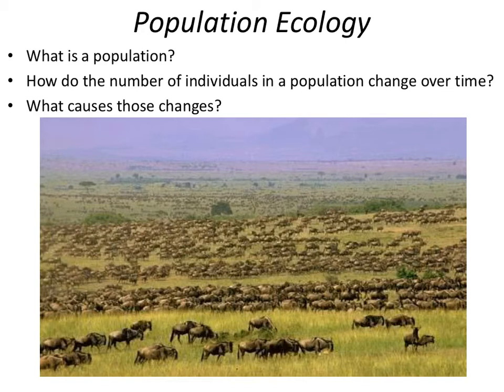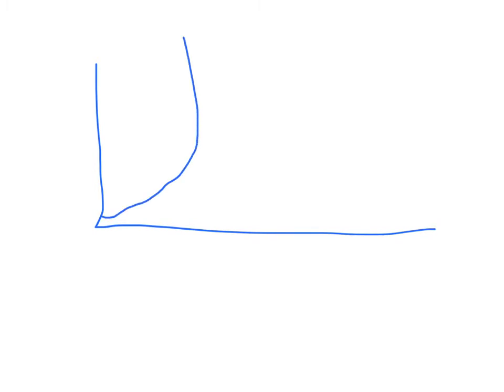So let's take a look at that. Here's population ecology. Normally we have exponential growth if there's no limiting resource. But we also have the same sort of thing where there's a carrying capacity, in other words, the amount of resources that can actually support a population.